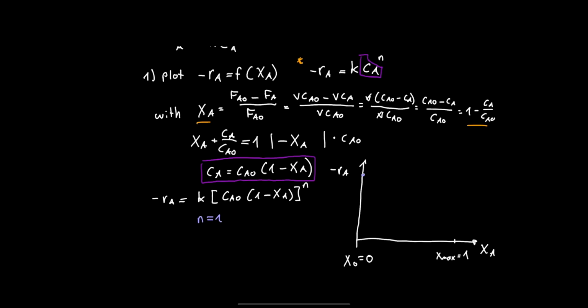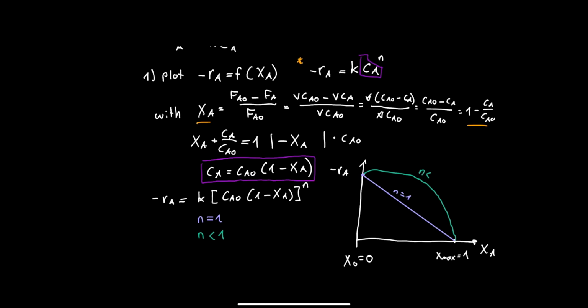So the relationship between the reaction rate and the conversion would look like this. However, if n is less than 1, our slope would look different. So we would have an exponential function, and our curve would look something like this.